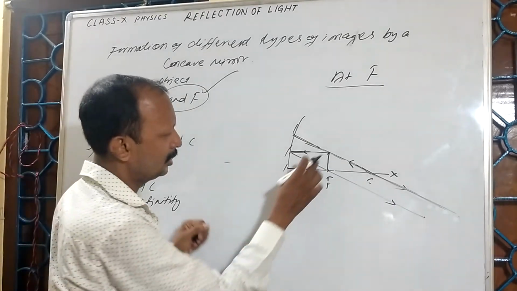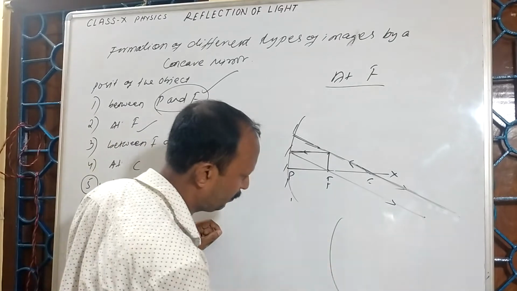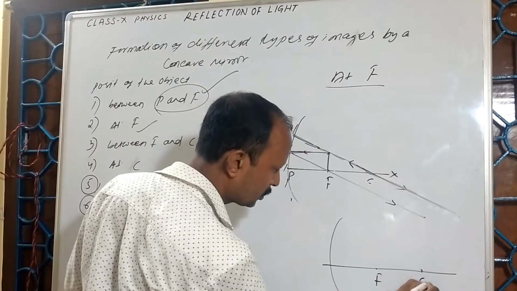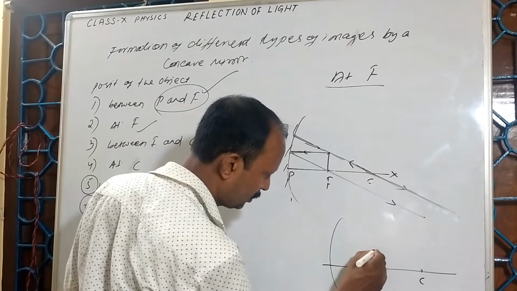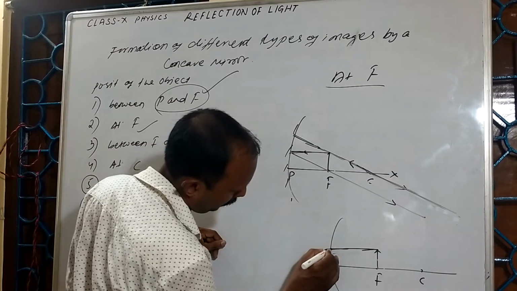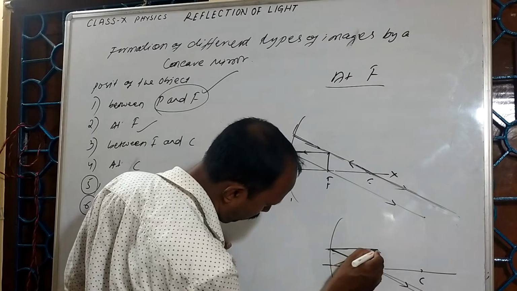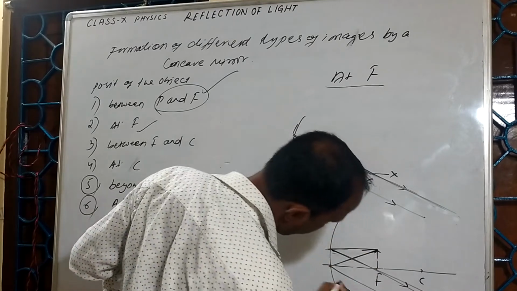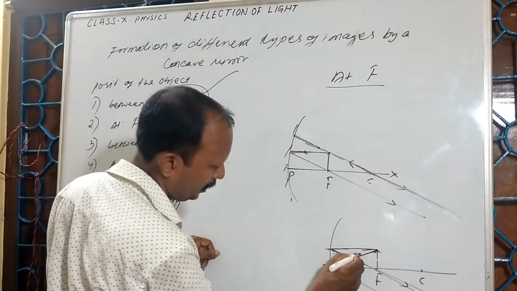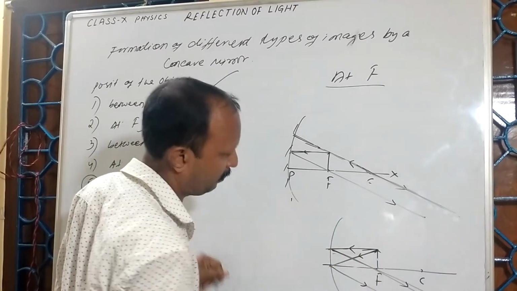You can draw the light ray from here to here, here to here also. If you wish, suppose this is the focus, this is the center of curvature, suppose this is the parallel ray, it will pass through the focus. If you want to draw from here, you can also draw like this. So this one also will go parallel. See, this is the incident ray, this is the reflected ray.